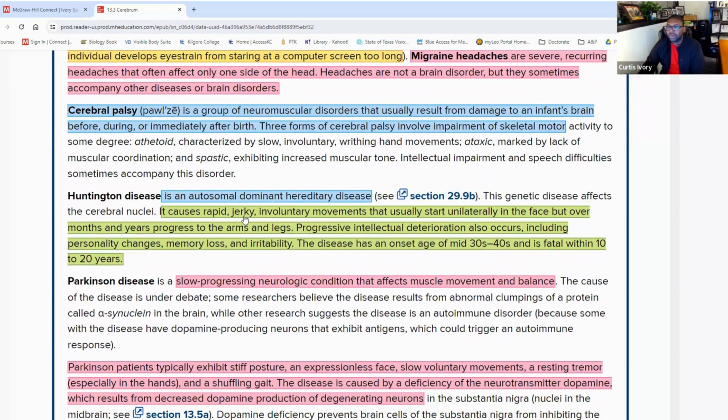So essentially, you're unable to really think properly. Also, it changes your personality. You can have memory loss and irritability, and this usually happens in the mid 30s to 40s. And usually, after you contract this, within 10 years, you're usually dead.